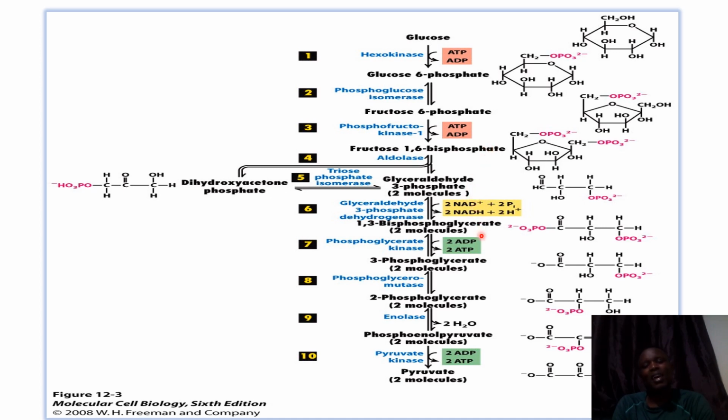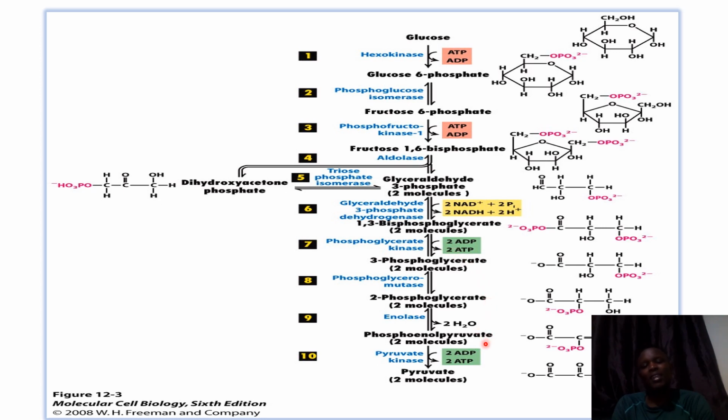In the energy releasing phase, we have the phosphoglycerate kinase enzyme, which catalyzes the reaction of 1,3-bisphosphoglycerate, 2 molecules, to give us 3-phosphoglycerate, 2 molecules of them, and 2 ATPs.